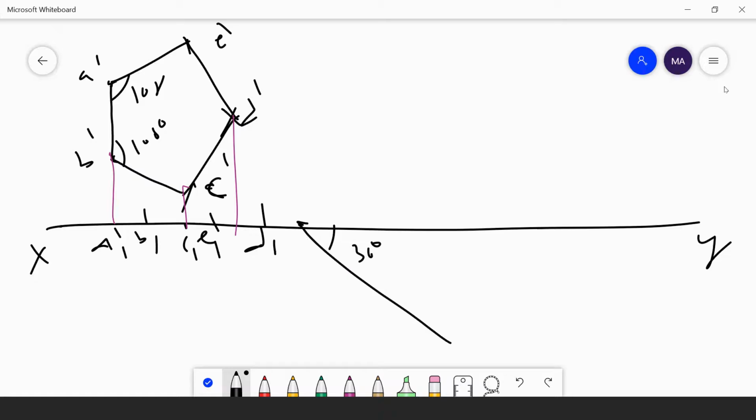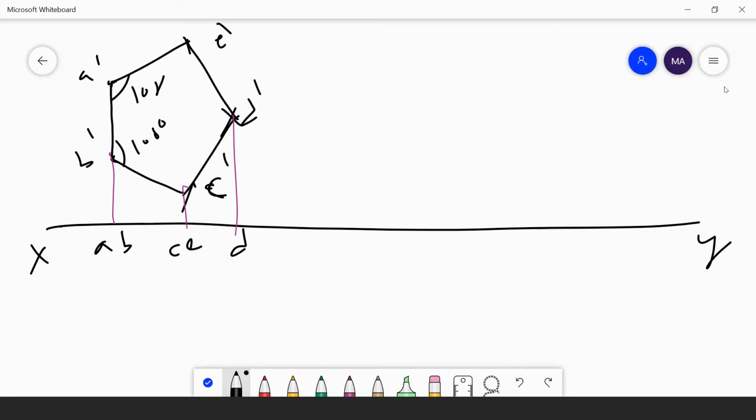Then I mark the points A1, B1 at the start.